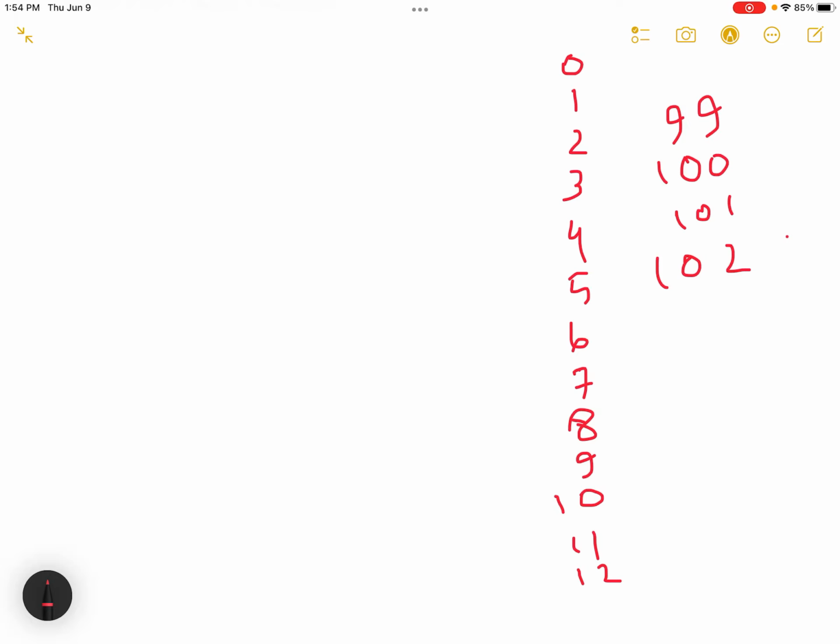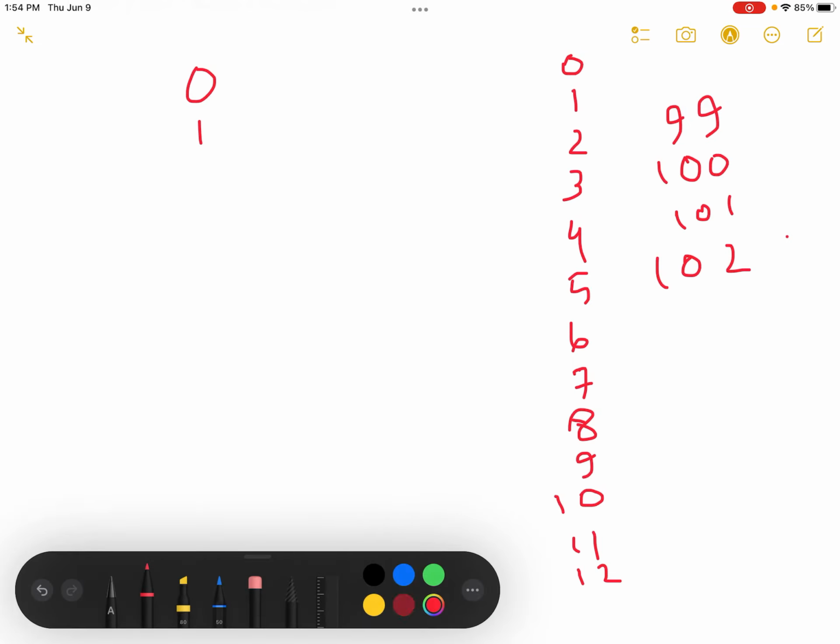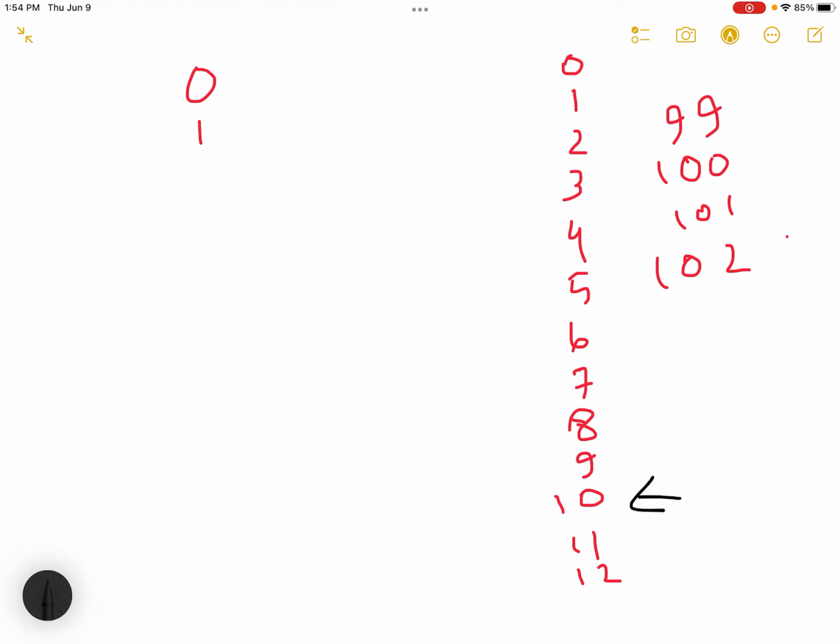Binary has only 2 numbers, right? So how do we increase the binary? Well, we have just the same pattern, just like this one, right? So you don't have a third number with a different shape, right?